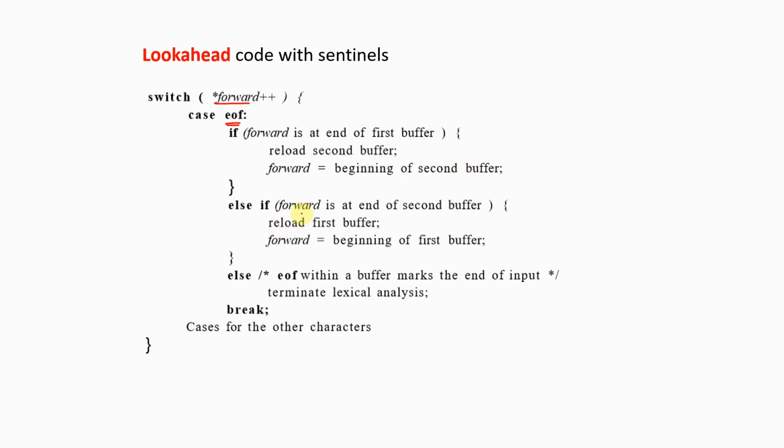In the same way, if the forward pointer is at the end of the second buffer, then it will load the characters in the first buffer and move to the beginning of the first buffer. In any other case, it will check for other characters, or it reaches the end of your input, and it may terminate the lexical analysis to mark that it is the end of the input. You have read all the characters from the source code.